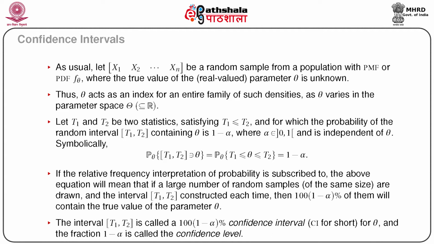The random interval (T1, T2) is called a 100 × (1 − alpha) percent confidence interval for theta. The quantity 1 − alpha is called the confidence level, and T1 and T2 are called the lower and upper confidence limits, respectively, for theta.